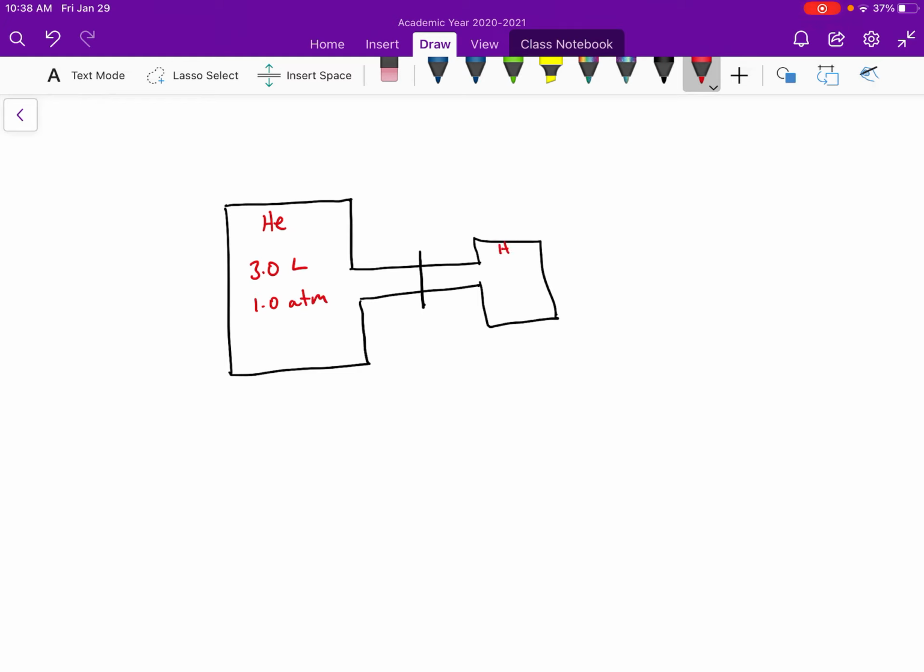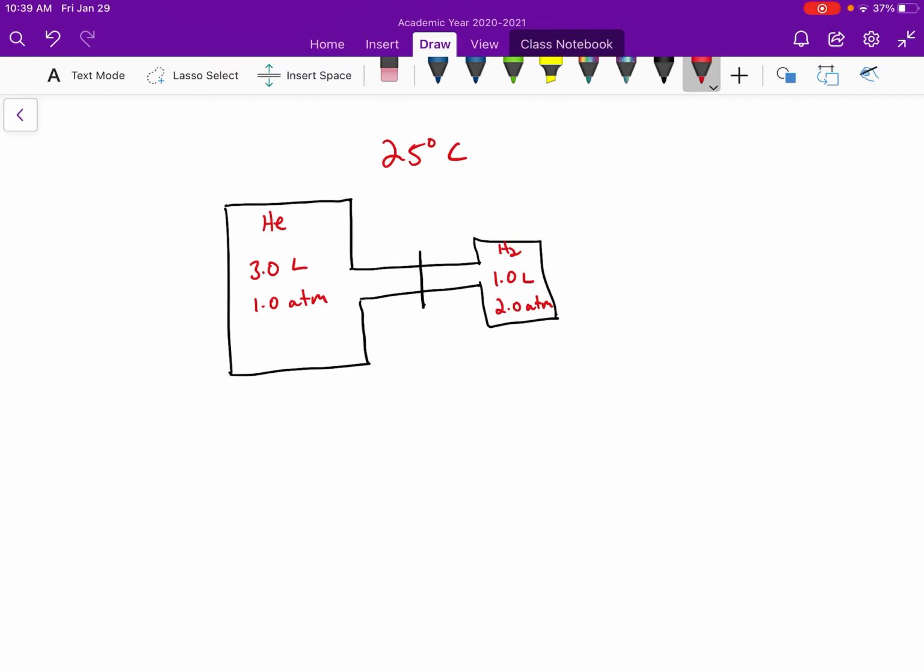On this side, we're going to say we have hydrogen gas. This side is 1 liter, and it's at 2 atmospheres of pressure. And right now they're sealed from each other. We're going to say the whole thing is at 25 degrees Celsius. And again, it's a sealed container, so particles will not be going in and out, okay? So this is where we're at initially.